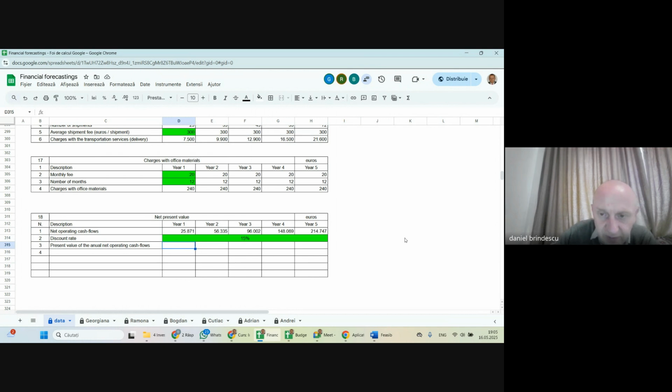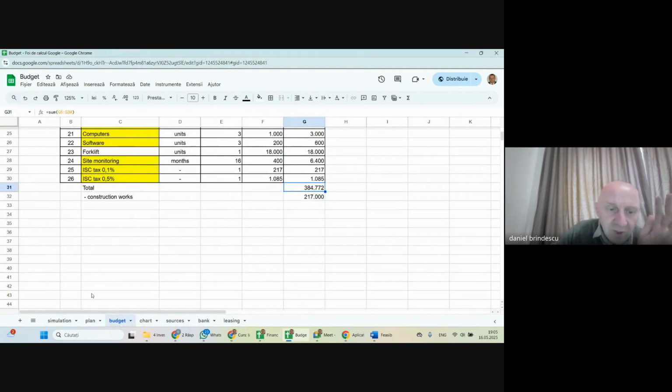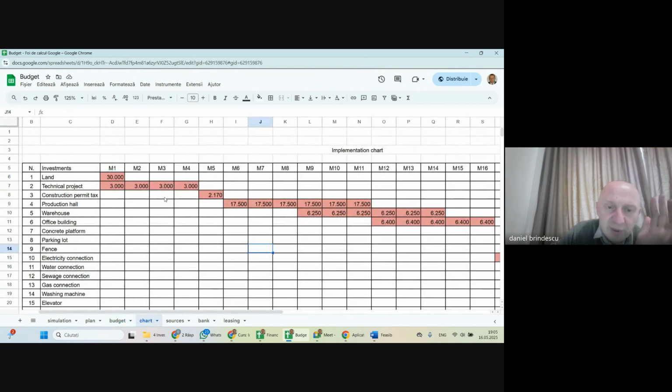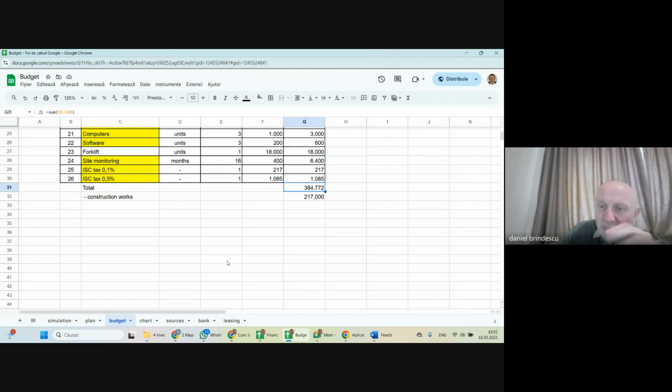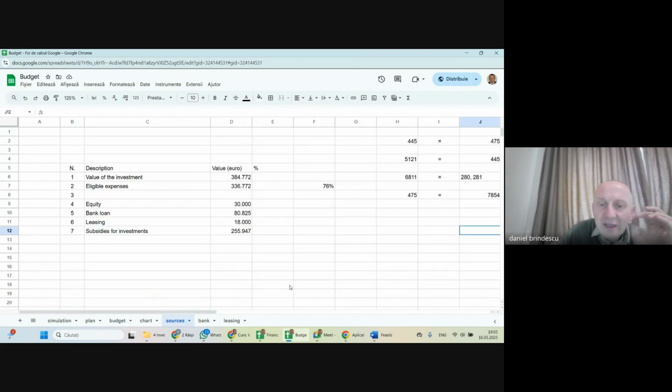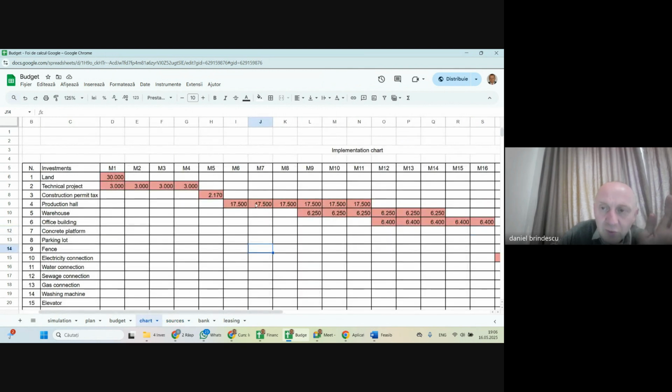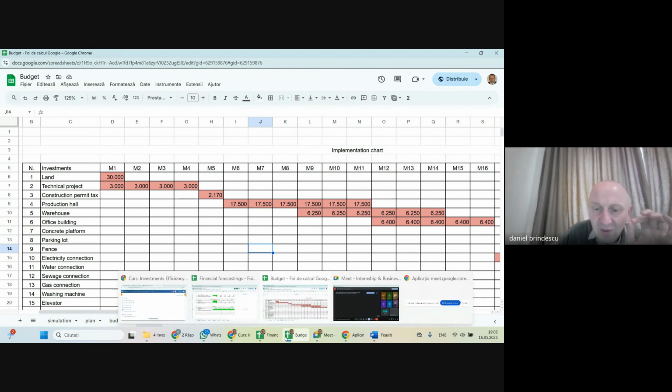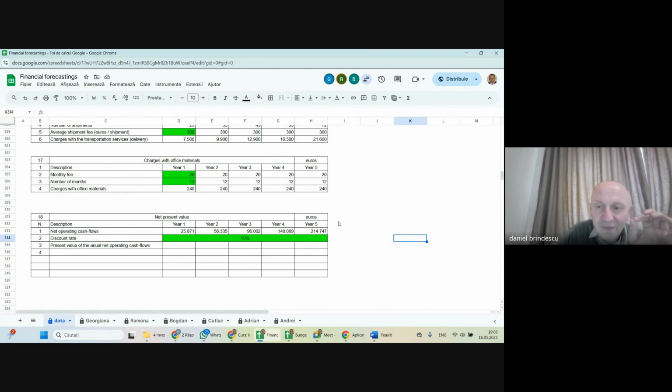There's something else to be said. The decision process is taking place when? The present time is before this implementation period. We are here, we build the budget, we found possible financing sources, and if we decide to do the investment, this is what follows: 2 years of implementation. After these 2 years, this starts.